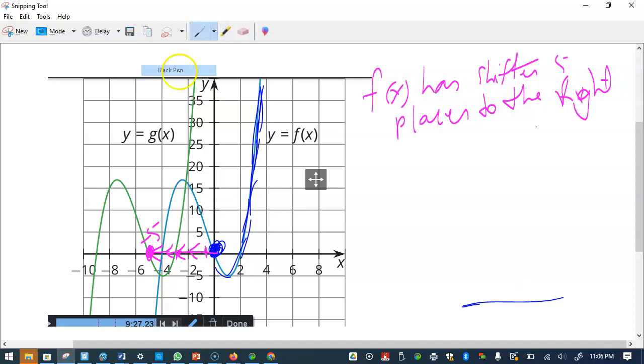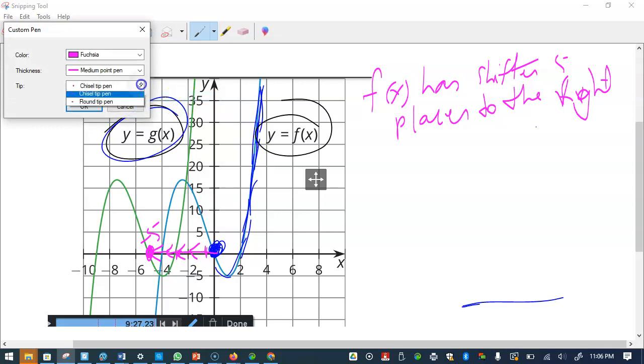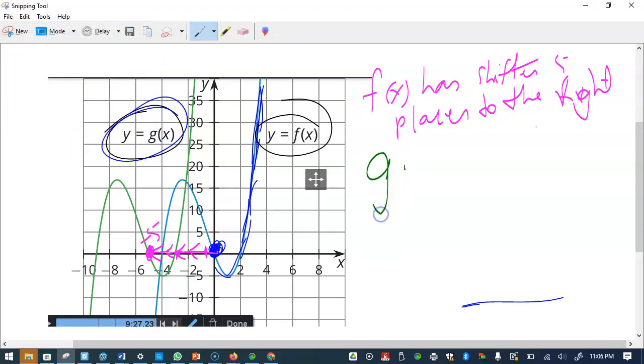And I want you to also write what the relation is between g of x and f of x. So remember the Desmos activity. The green graph is g of x. Let's use the color. Okay, that's the green graph. So how did we get this green graph?